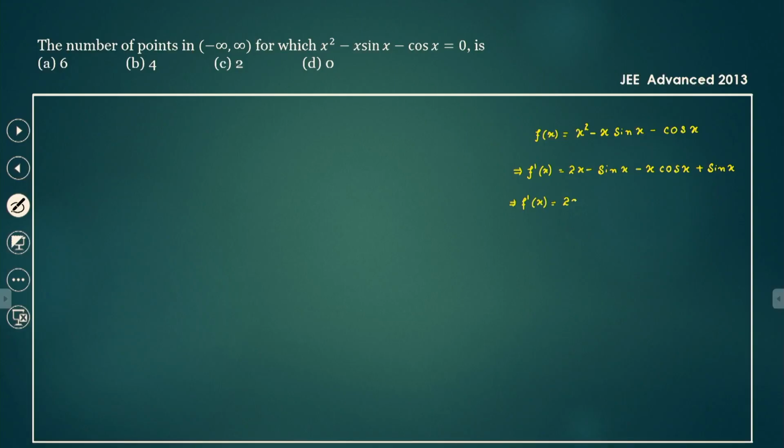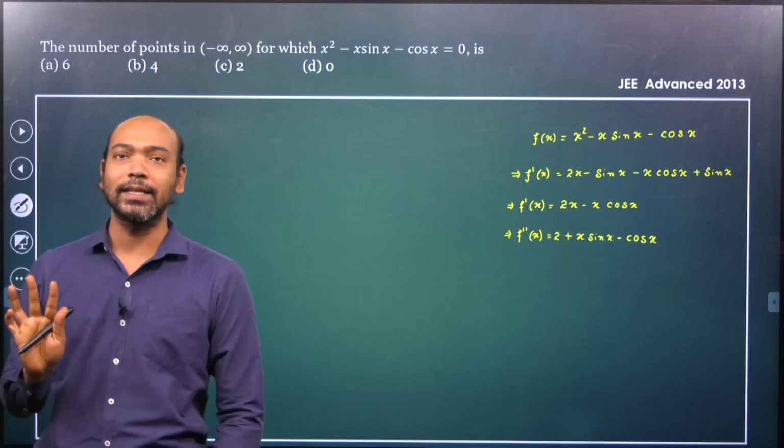Simplifying it, that became 2x minus x cos x. Now differentiate it again. Therefore f''(x) is equal to 2 minus cos x plus x sin x, which is 2 plus x sin x, and minus x omitted we have cos x. So we have calculated f''(x) and f'(x) neatly.